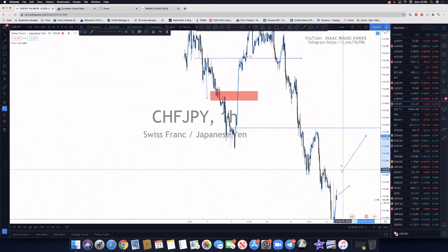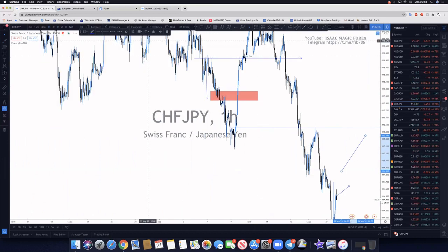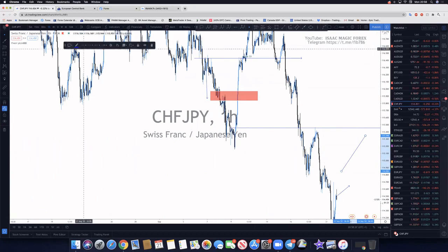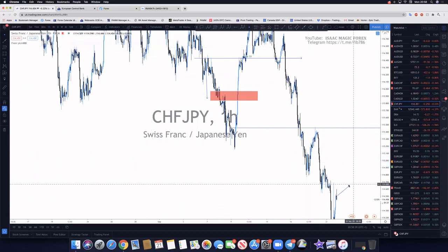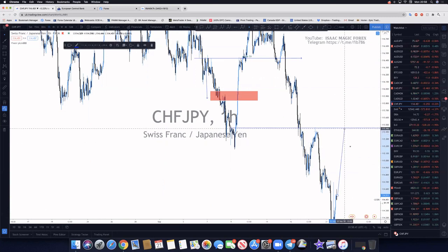This is just a short-term pullback, a short-term move, not really a big, massive move. I don't really like these kinds of pullback buys. I go for the impulses, because I don't really like these baby pips.